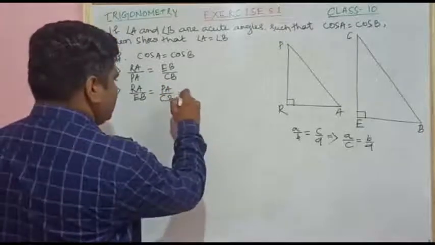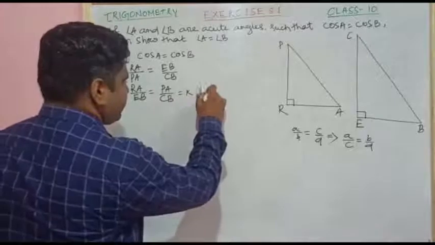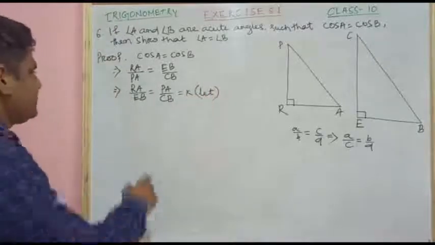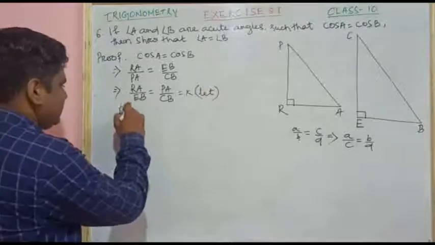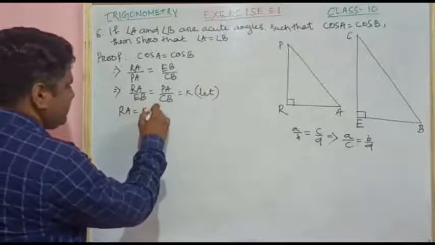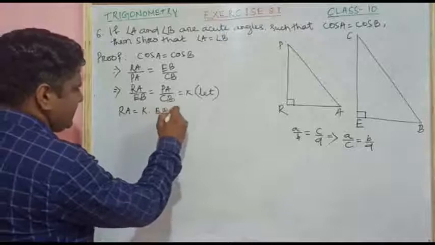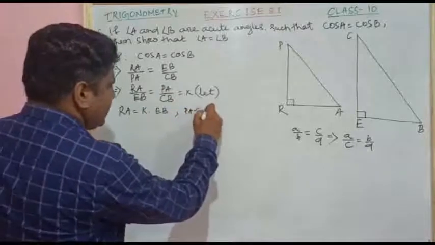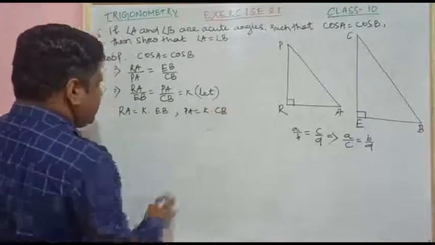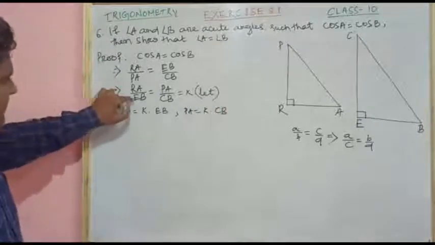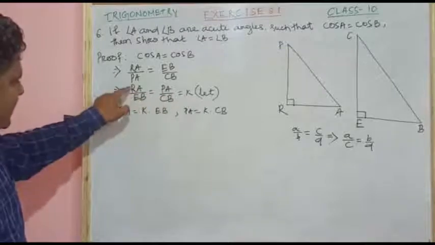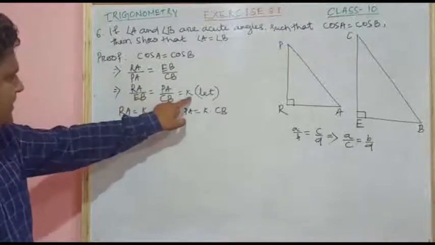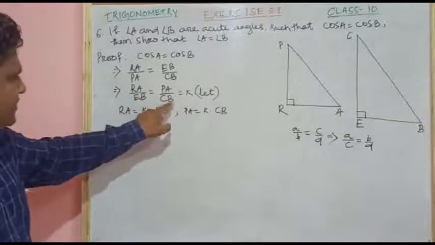Let this much equal K. So from here we can write RA is equal to K into EB and PA equal to K into CB, because RA by EB equals K, so RA equals K into EB. PA by CB equals K, so PA equals K into CB.